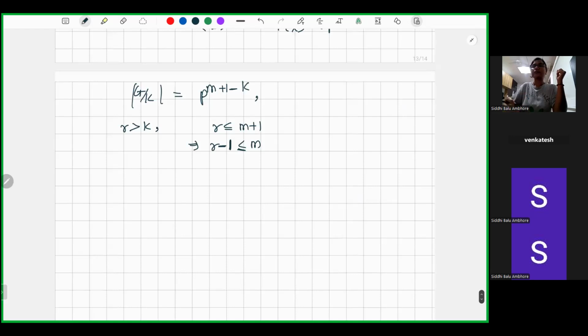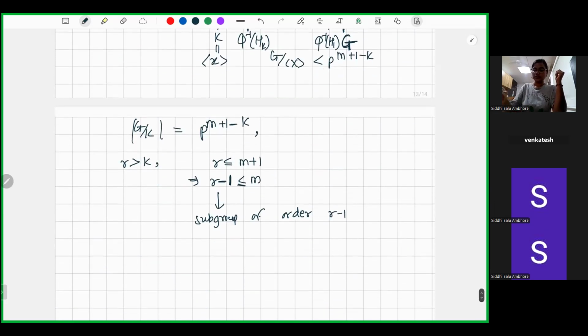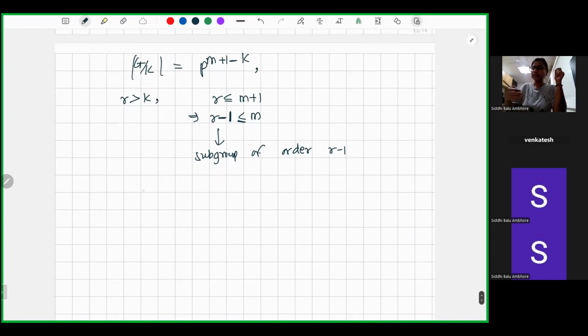And then by the induction hypothesis, I will have a subgroup of order p power r minus 1 here in this G/K. And when I take it back under this map in G, it will give me a group of order p power k. Okay, so this is r minus 1.